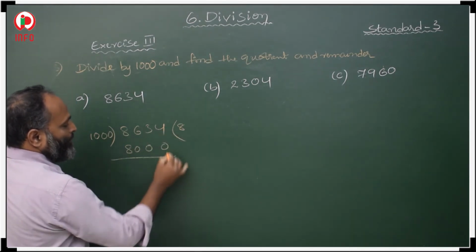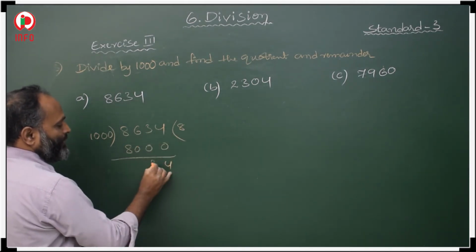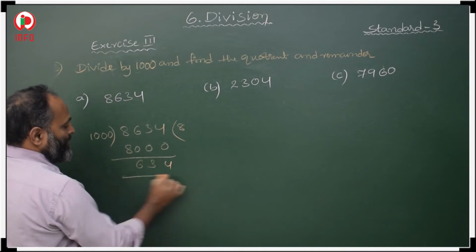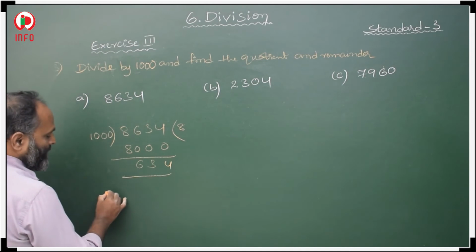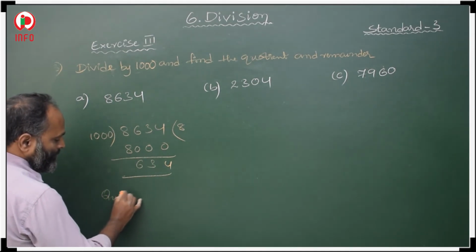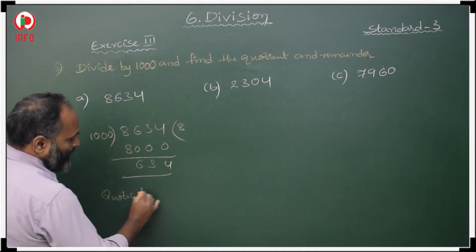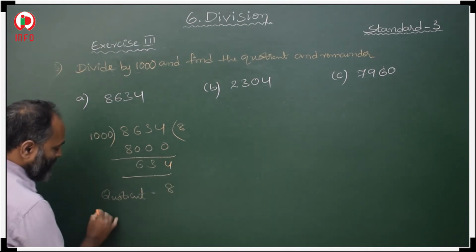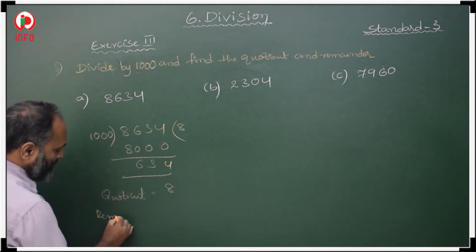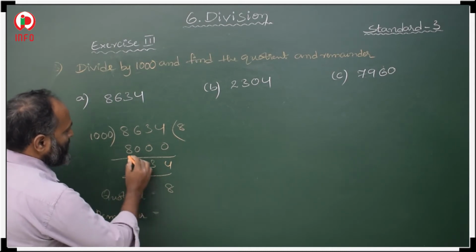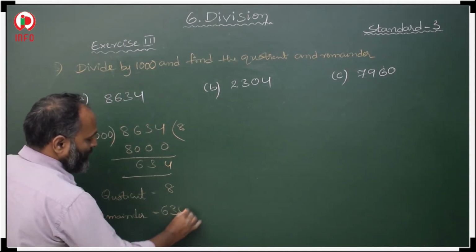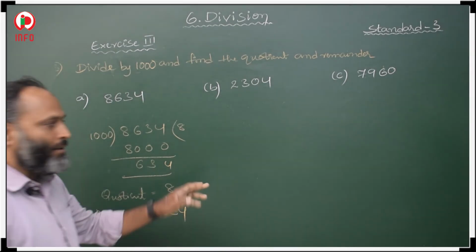Then 4 minus 0 is 4, 3 minus 0 is 3, 6 minus 0 is 6, 8 minus 8 is 0, won't take that one. Here your quotient is 8 and remainder is the last 3 digits, 634.